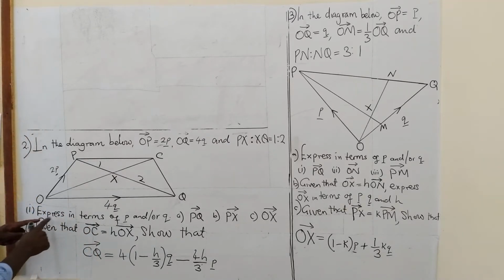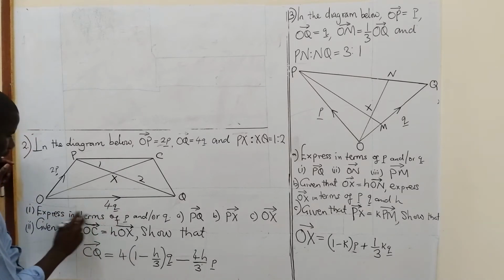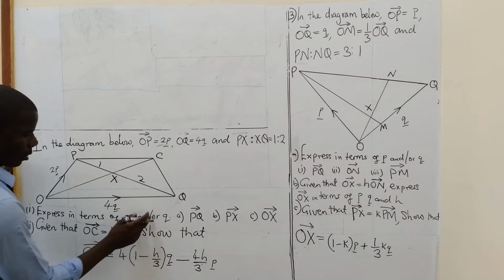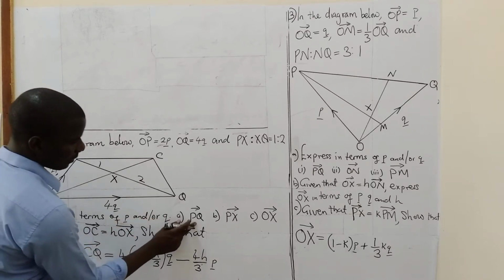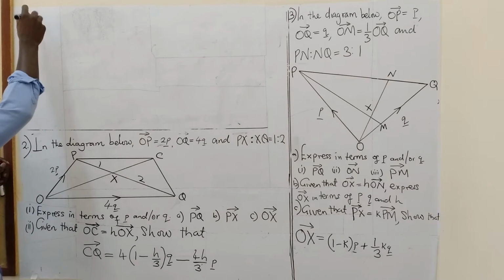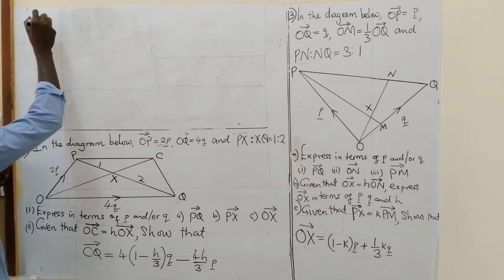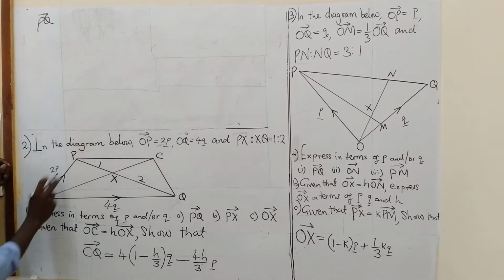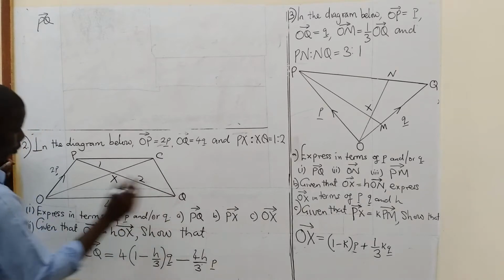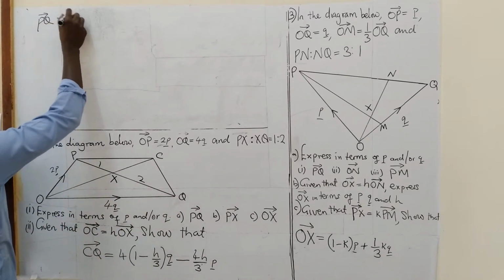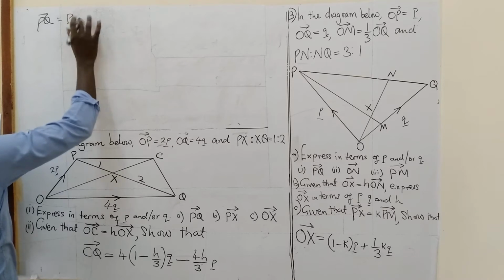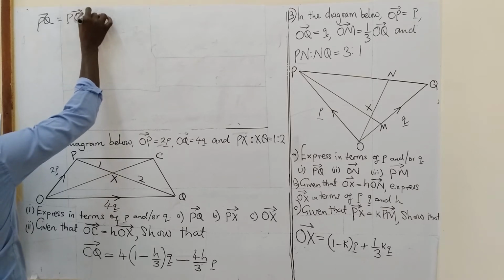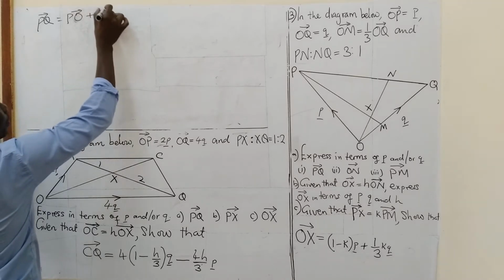So we come now to these questions. Express in terms of P and/or Q. The first one is PQ. We can have PO plus OQ.